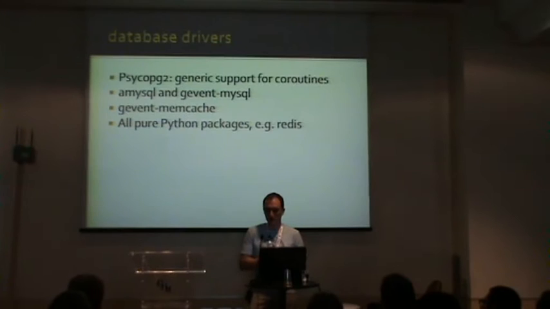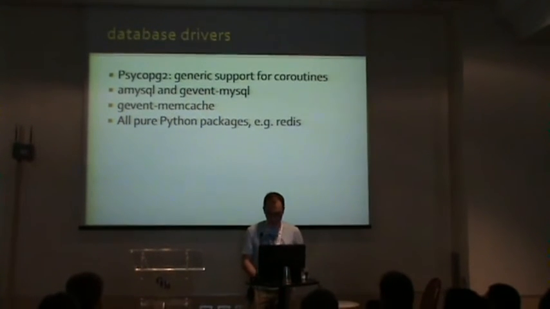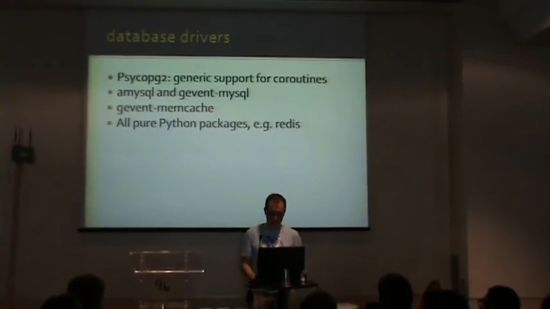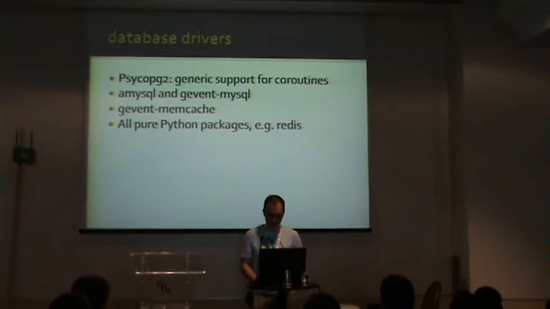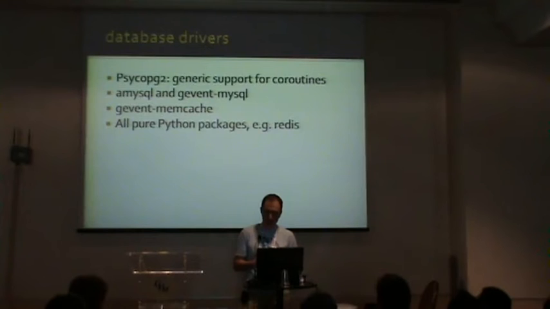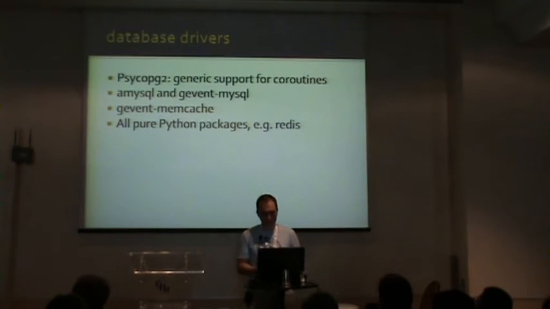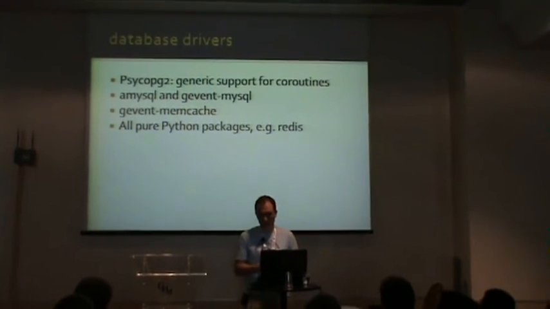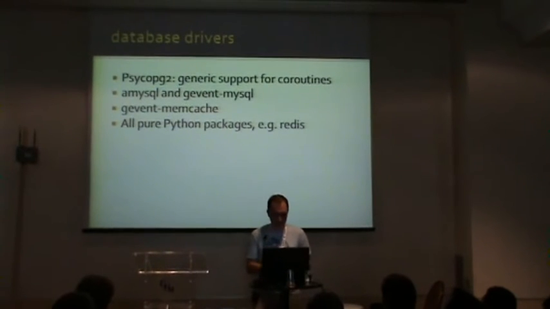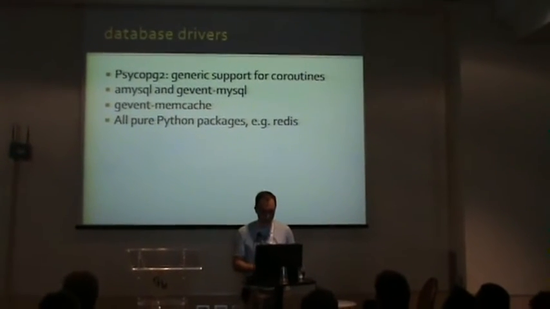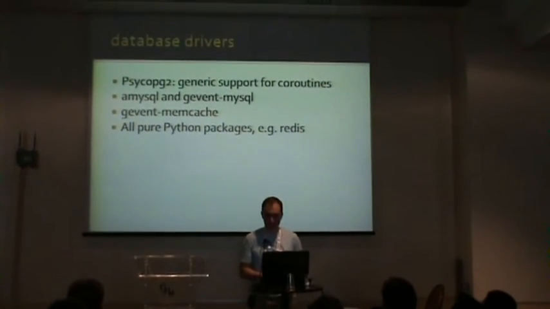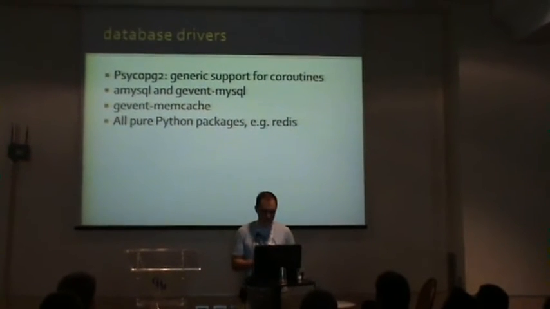As I said, you can use all the modules implemented in Python on top of sockets. For example, I use Redis with Gevent every day, but most of the database drivers are in C. So you cannot use MySQLdb, but there are a few drivers written specifically for Gevent by a company called ESN that use Gevent.